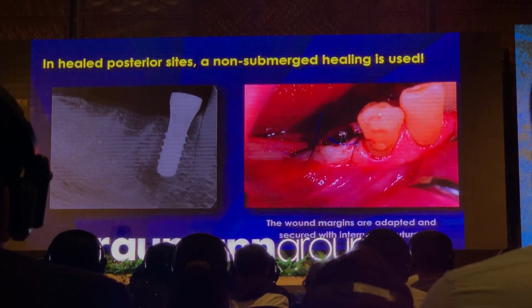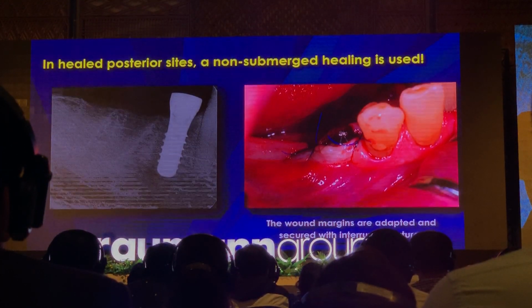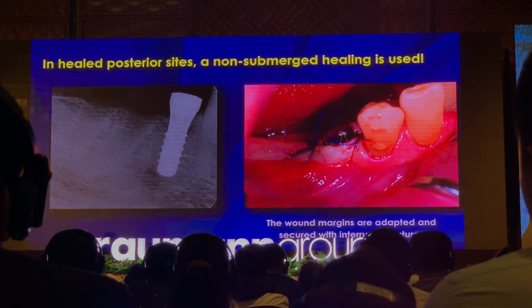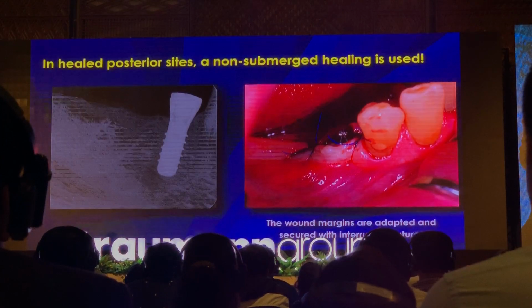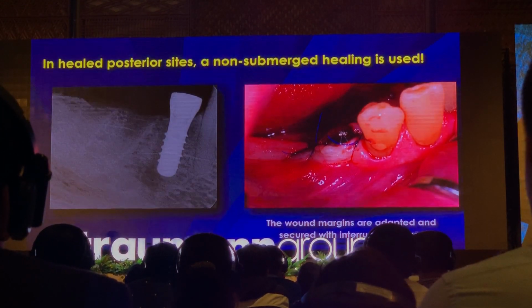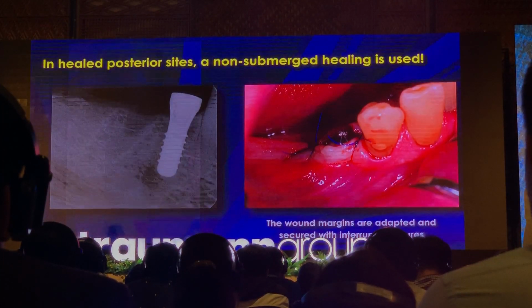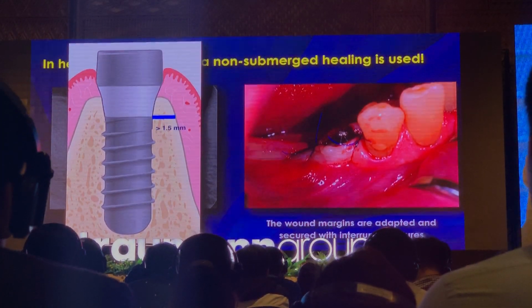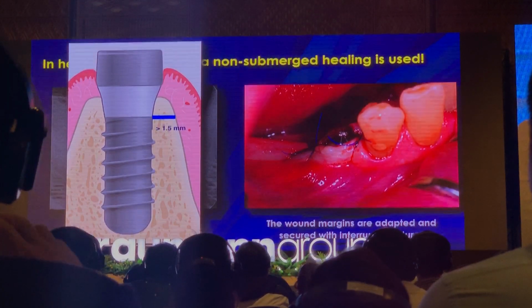So when it heals now, when the crown gets on top later on, then of course you're going to get a little bit of remodeling around this machined neck, which is no problem, because 10 millimeters will be osseointegrated, slightly more maybe. This is an investment into the future stability of that implant. That's what I showed you before, very important, the 1.5 millimeter part measured where the SLA starts.